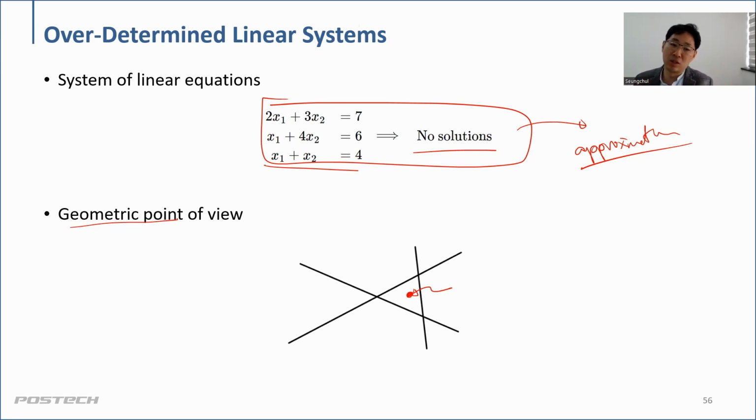From a geometric point of view, it's all about how to find these approximated data points in the overdetermined linear systems problem. Right now probably some of you don't know what I'm talking about, but when we discuss regression or classification problems, everything is going to get clear. So don't worry if you don't understand what I'm saying at this moment.